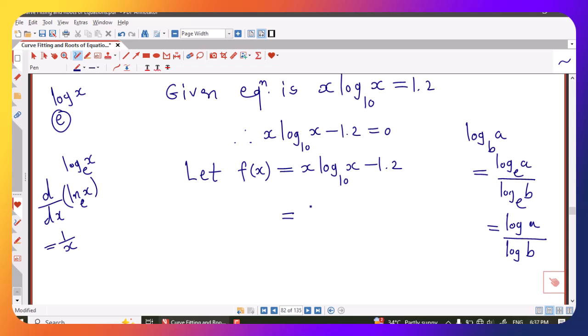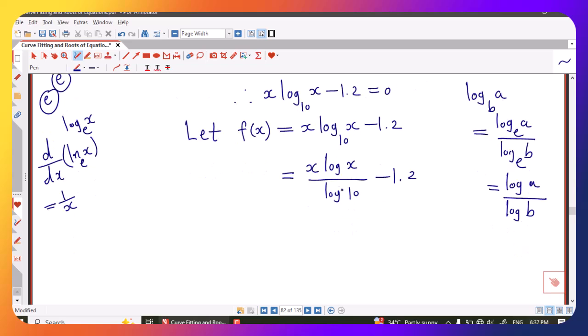So here we can rewrite this log x base 10 as log x divided by log 10. That means base is this number e. That is, we are writing this logarithm to the base 10 in terms of natural logarithm and minus 1.2.